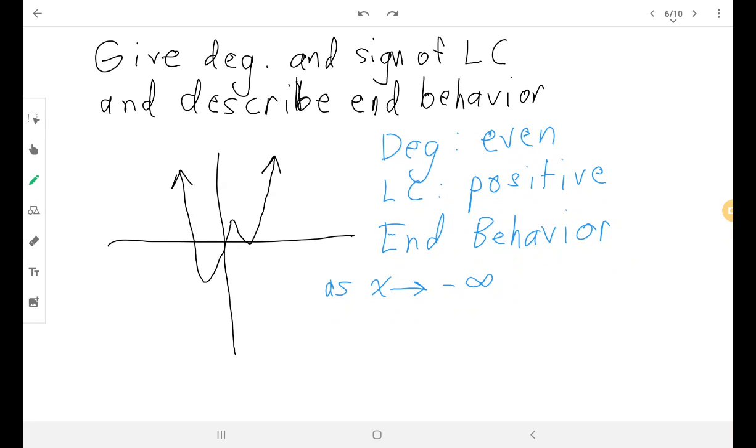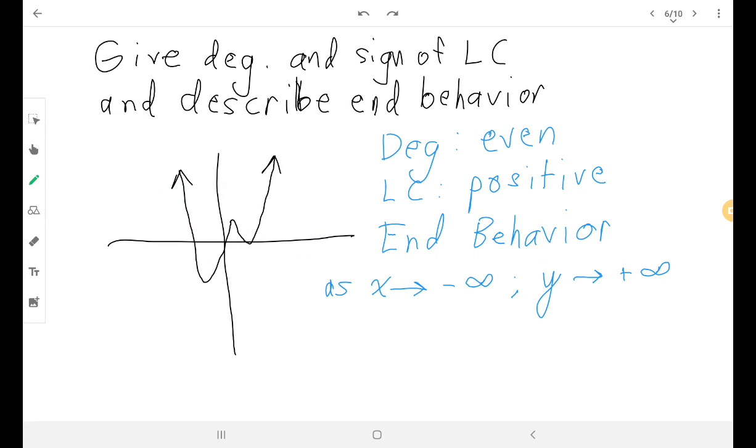So as x goes to negative infinity, what happens to y? Y goes to positive infinity, right? Because no matter how far I go that way, this end part is just going to keep going up and up and up and up.